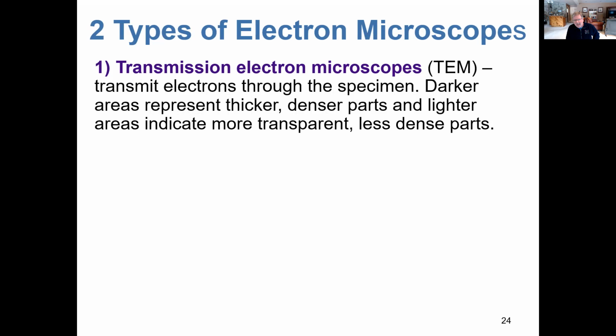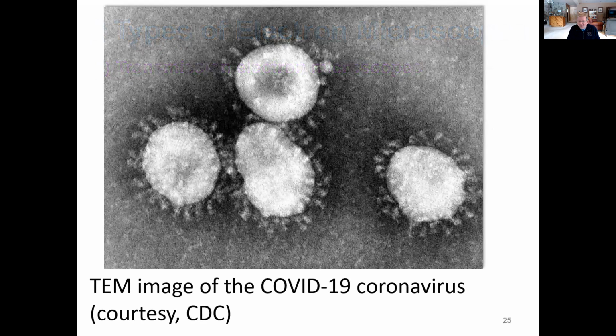So here's what a TEM would look like of COVID-19. Now, I probably should have made more careful note of what the magnification was of this particular TEM of the coronavirus. But what it does allow us to see are those glycoprotein spikes here on the surface of the virus.